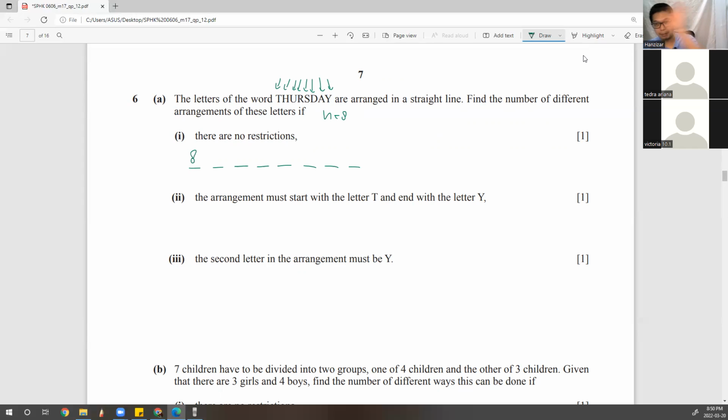But if I already pick one on the left side, the rest will be 1 minus, right? So the availability is 7, 6, 5, 4, 3, 2, 1. That is 8 factorial, right? You multiply everything. This is the multiplication rule. So 8 factorial, or you can just use a calculator.